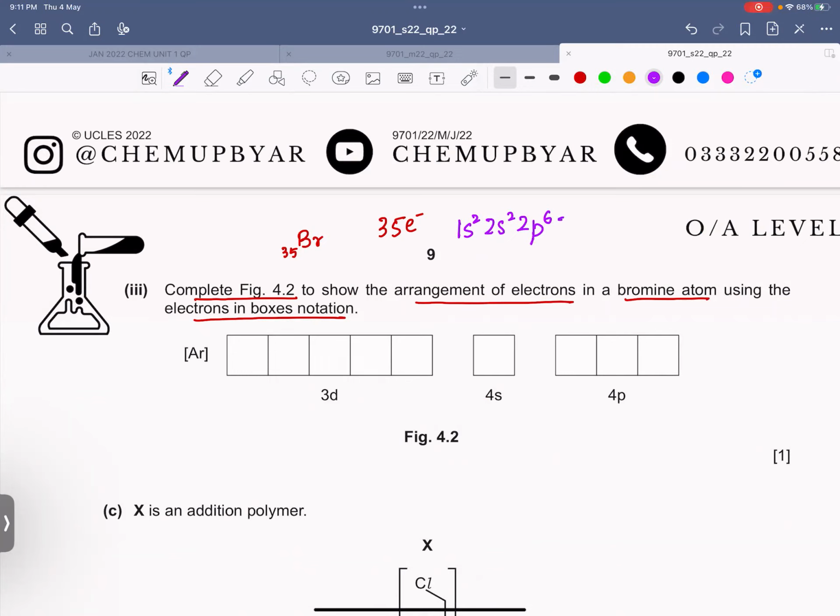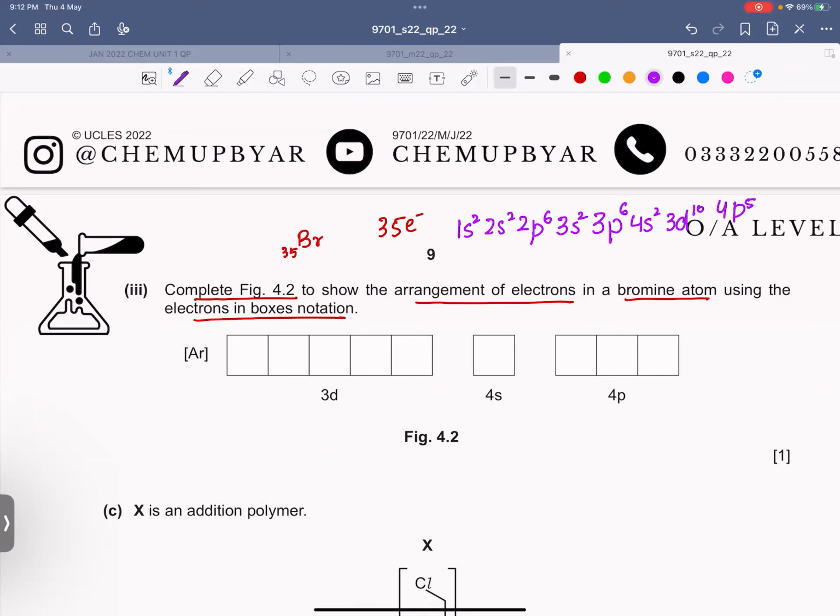Then 3s2, 3p6, 4s2, 20 electrons are filled. Then we have 3d10, 30 electrons are filled, and after 3d10 we have a 4p.